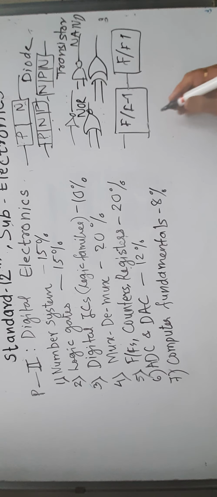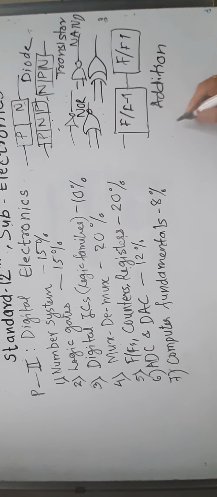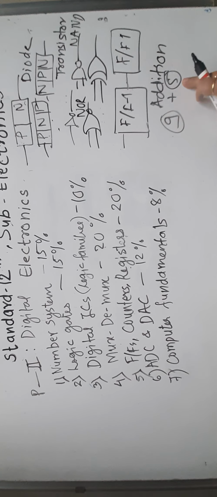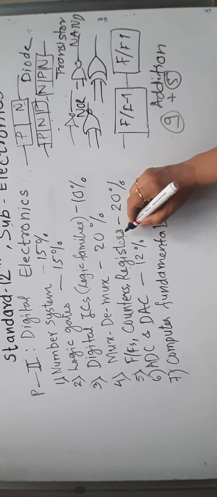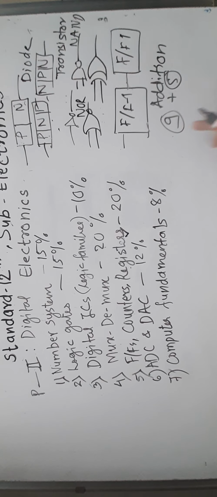In the processor, suppose we want to perform addition, first the same example, 9 plus 5. When 9 is entered, it is stored somewhere inside the processor. When 5 is entered, it is also stored somewhere in the processor. Then their addition is performed. Where this 9 is stored and where this 5 is stored inside the processor, that circuit is known as a register. A register is used to store temporary data.